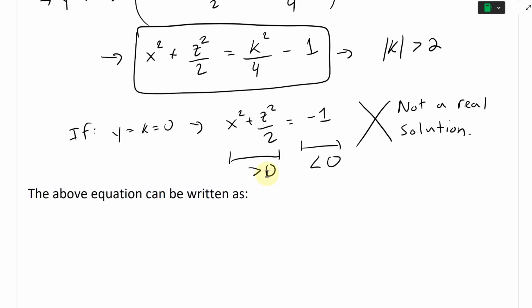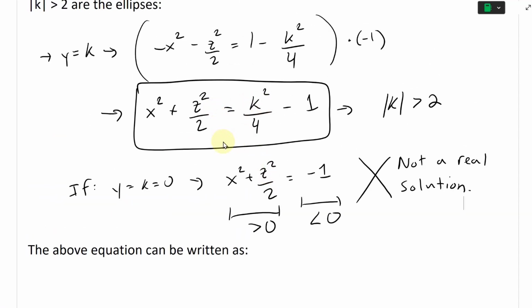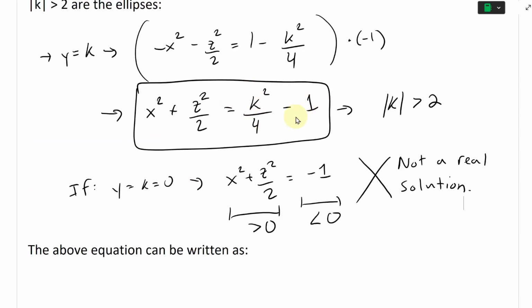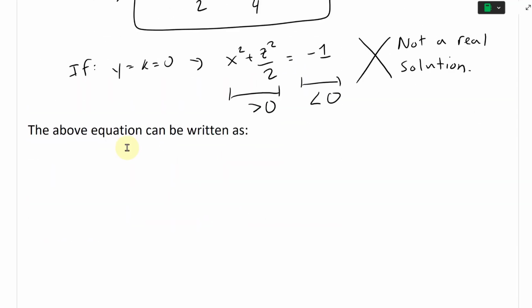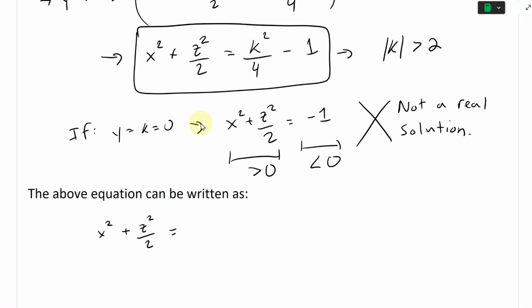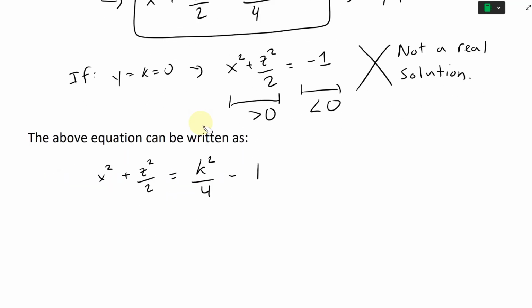All right, going further. So the above equation, this one right here, can be rewritten as, so we just divide this all out over to this other side. So x squared plus z squared over 2 equals k squared over 4 minus 1. So divide it out just to get it in the standard ellipse form.